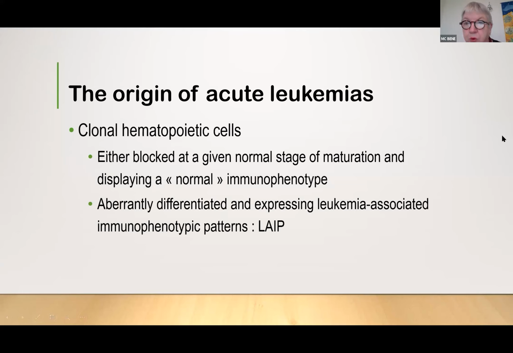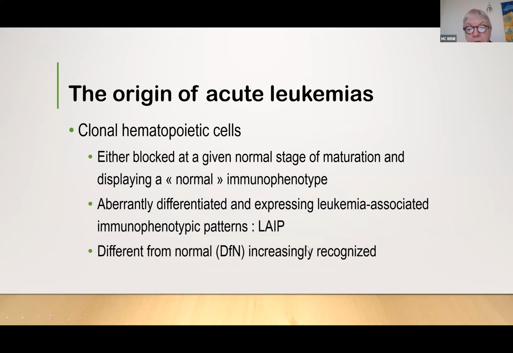And that's, of course, probably what Michael talked about in his previous talk about MRD, because this is what you're going to look at in MRD. These LAIP are not normal, and they can also be called different from normal. And that's another concept that is more and more used and recognized, because especially with the tools of automated unsupervised assignment of cells, we are also working on this kind of tool.